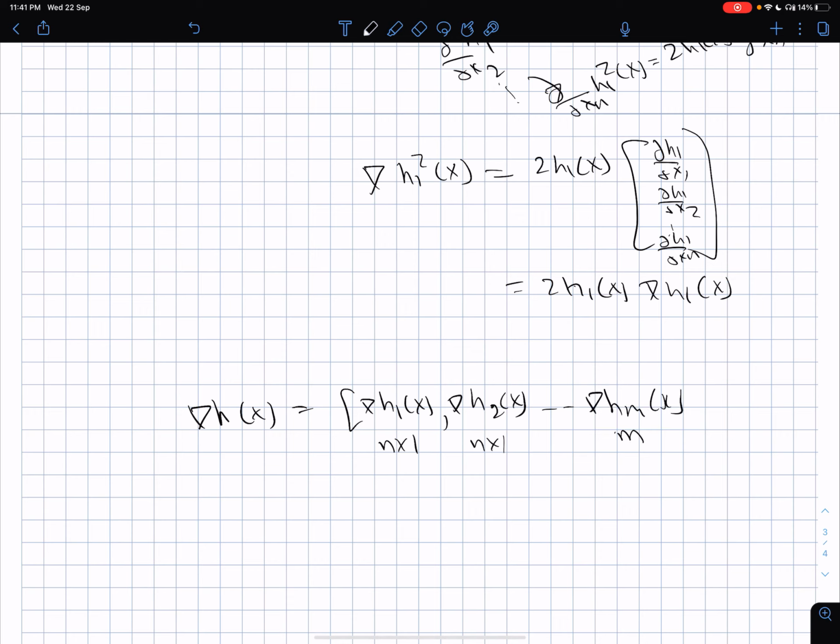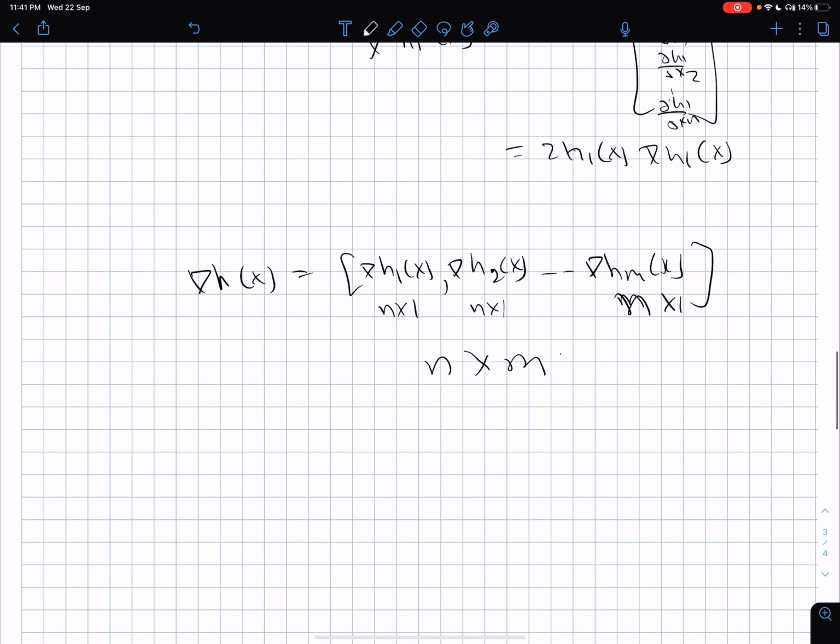So this becomes an n cross m matrix. At x star, we said that each of these are linearly independent. So therefore it has full column rank, because the columns are less than n usually. So therefore the rank of this matrix is m.